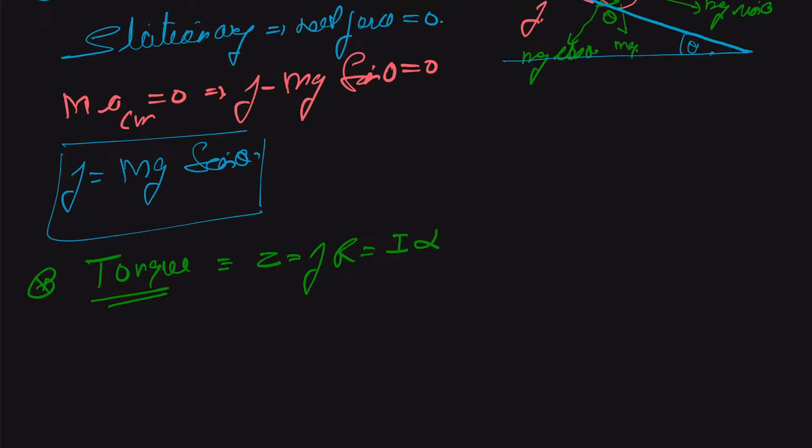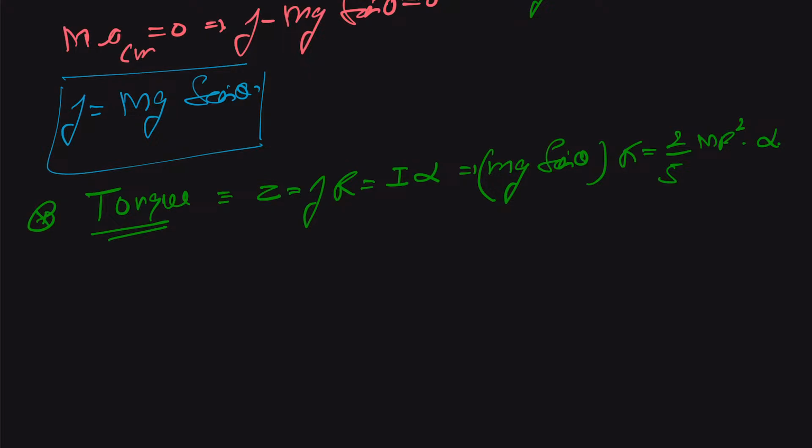F is mg sine of theta, so we can say this is mg sine of theta times R, and I is given to us as 2 by 5 mr square, times alpha.